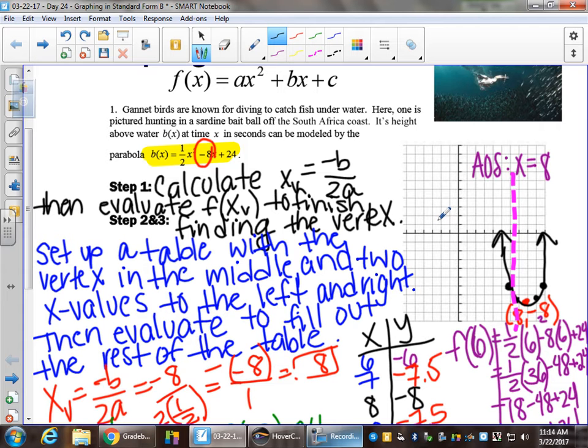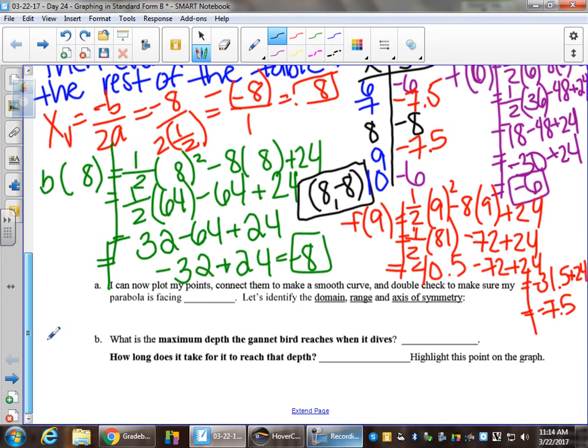What's changing as a result of something else? Height. What am I going to label my x-axis? Time. And in what measurement? Seconds. Okay, so let's scroll back down.